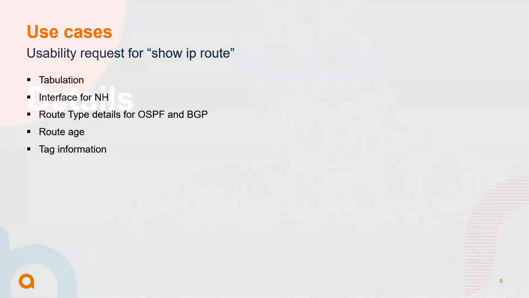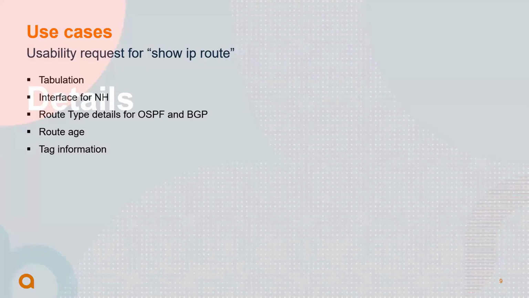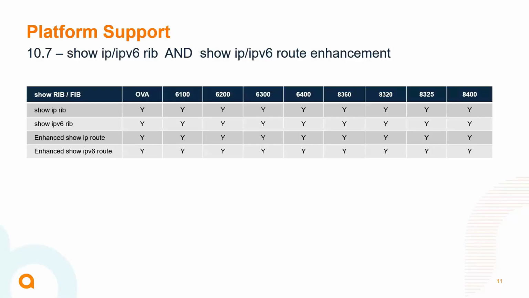You will see this in the detailed slides in a while. It is platform independent, so we have that support for show IP RIB, show IPv6 RIB, and the enhancement of show IP route and show IPv6 route on all the platforms as of 10.7, the first release, GA mid-April.